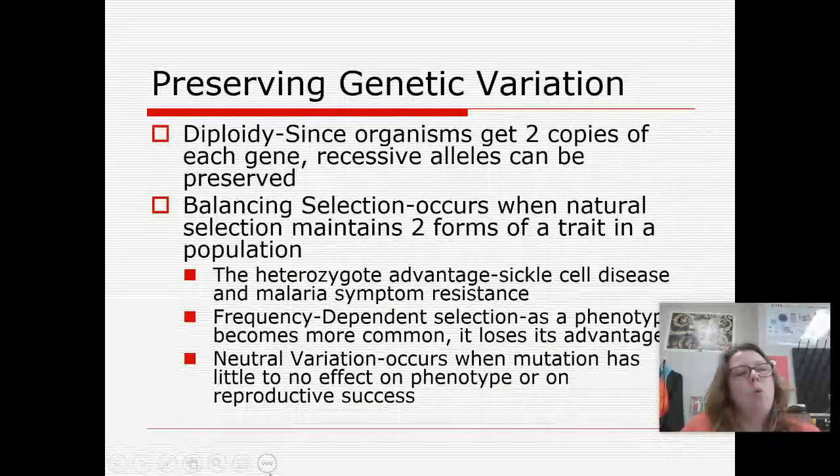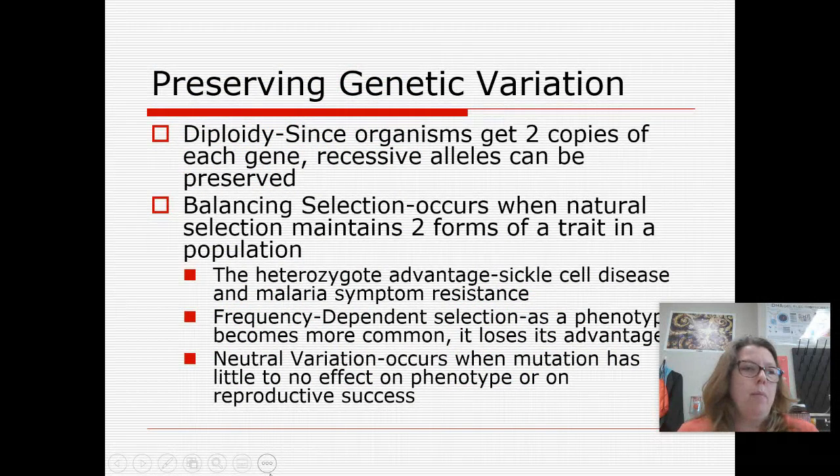All right, so if all of this happens, if you start to select for certain alleles in a population, how come alleles don't disappear completely, right? If natural selection is favoring a particular trait and that trait is associated with a particular allele, how come the other allele still persists? There are a couple reasons. First of all, there is diploidy.